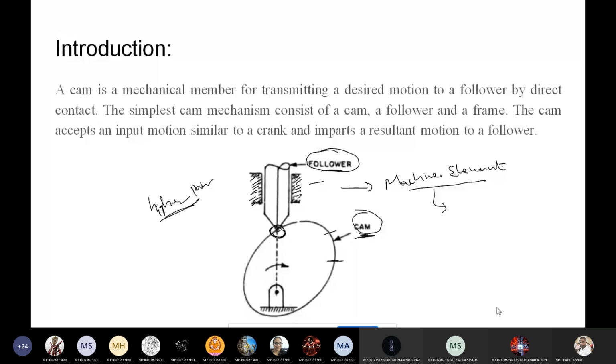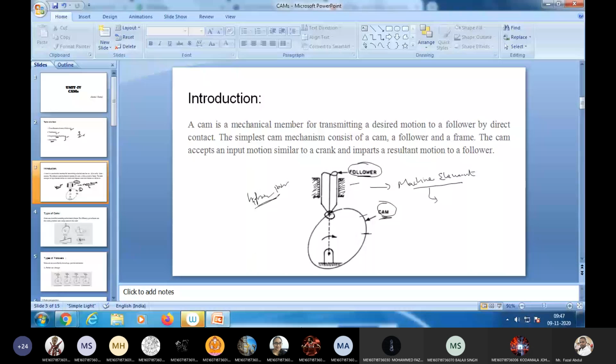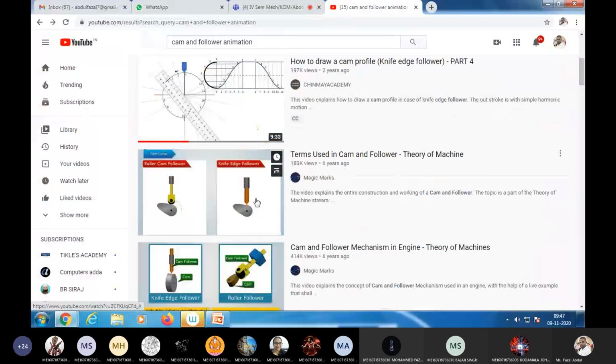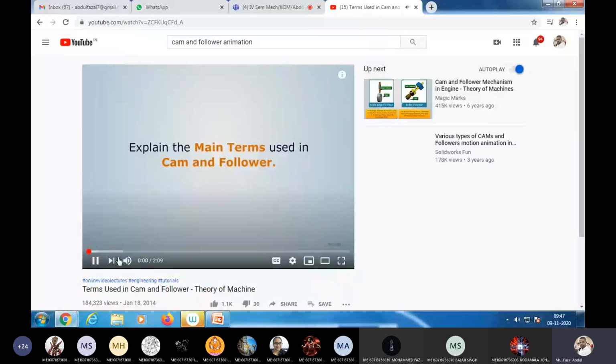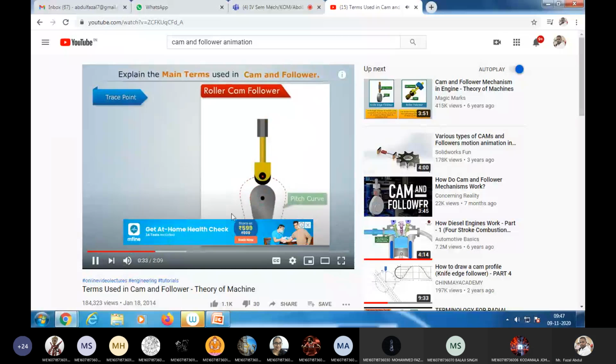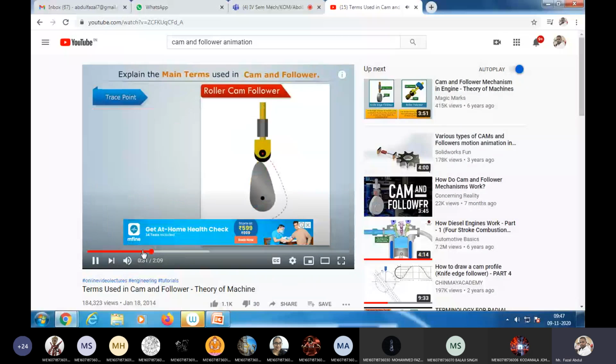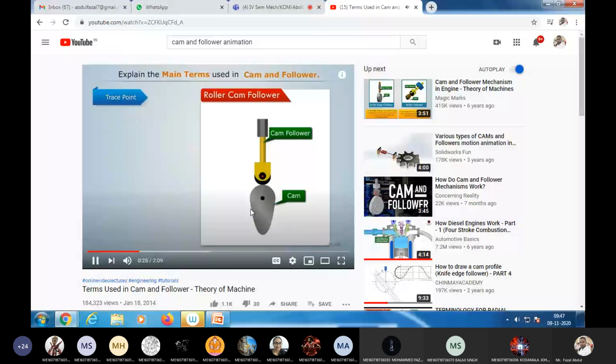So the follower, you can see here. What is the purpose of the follower here, or how is it going to work? Because of the rotation of the cam, the follower is going to reciprocate.